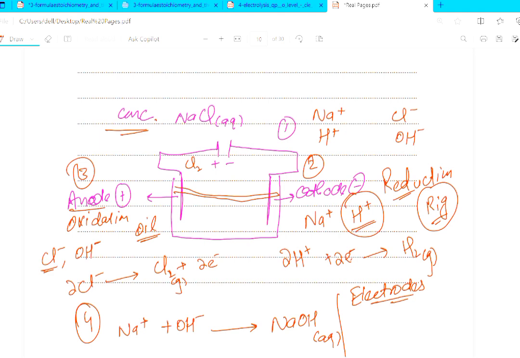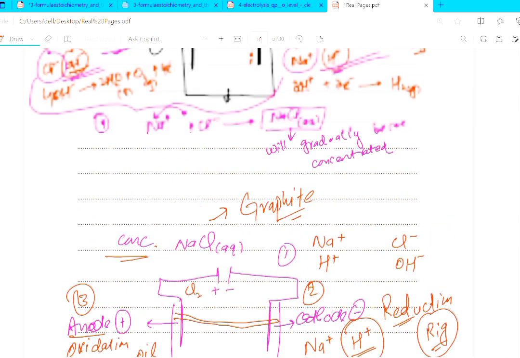Both electrodes are graphite, it is inert. If we use iron or something else which can conduct electricity but is reactive, the chlorine will react with it, and other products will be formed and it will be consumed. So to avoid the reaction of the product with the electrode, we have to use inert electrodes, just like graphite.